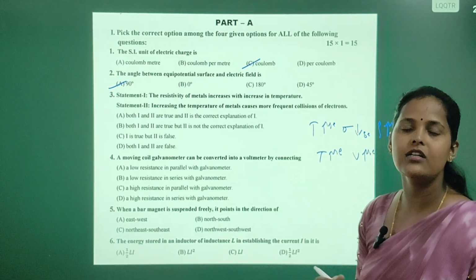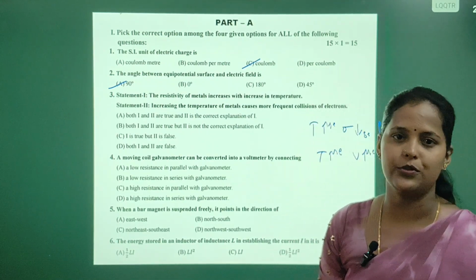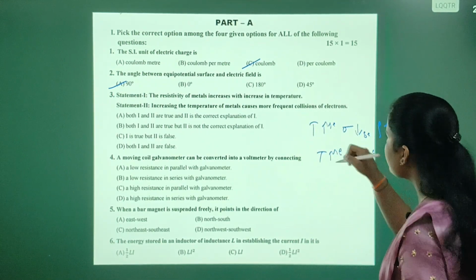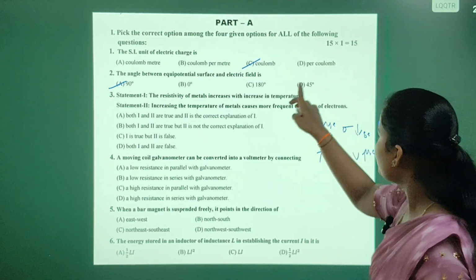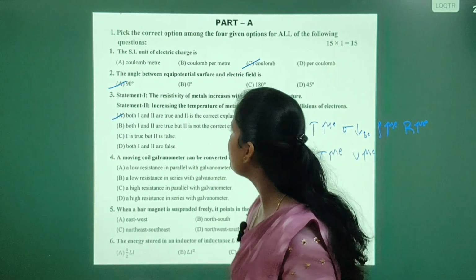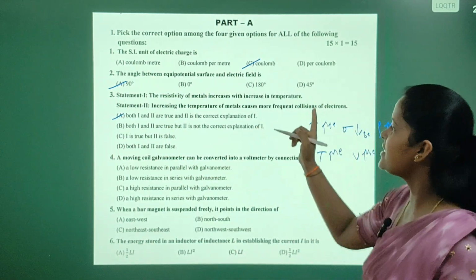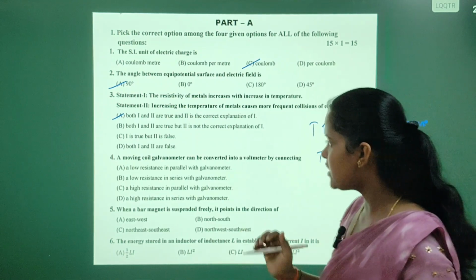All the electrons vibrate and collide with very high amplitude. That's why the collision of electrons is also happening in that material. So, using this, we can say both 1 and 2 are true and the second statement is the correct explanation for the first statement. Okay, so this is the third question.